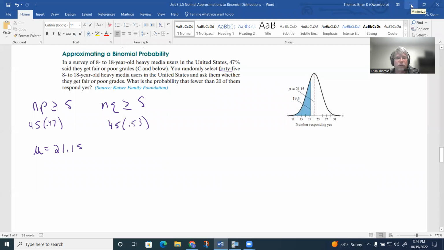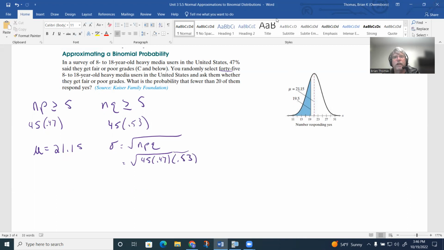Now to do the standard deviation, we need the square root of n times p times q. So it's going to be the square root of 45 times 0.47 times 0.53. That will give us our standard deviation.